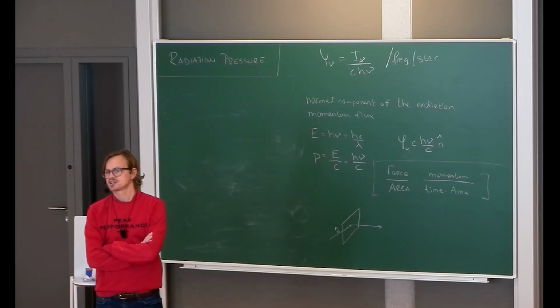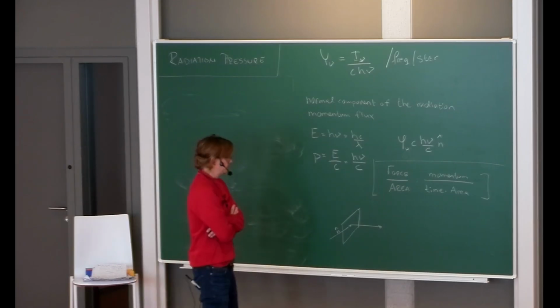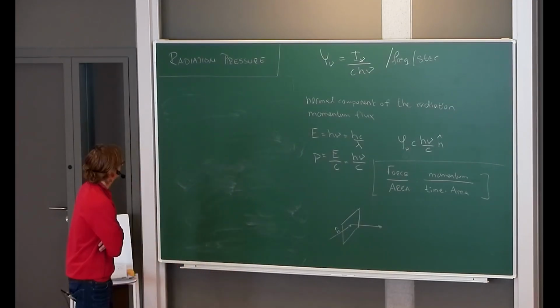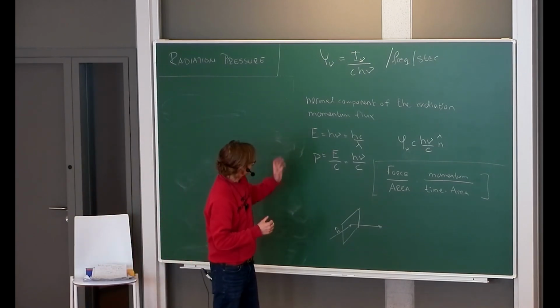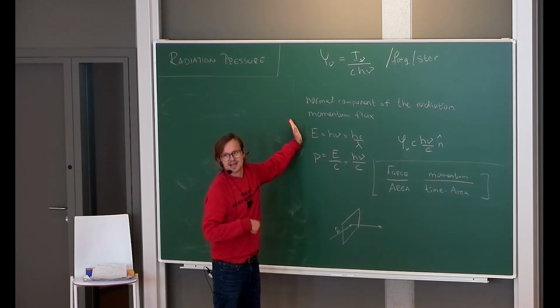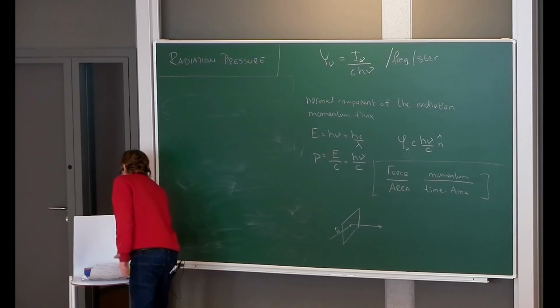There are some discussions whether photon viscosity might play a role. Now, normally though, what is important is the difference in the different components along the diagonal of the radiation pressure tensor. And this is something that we will discuss further on now.